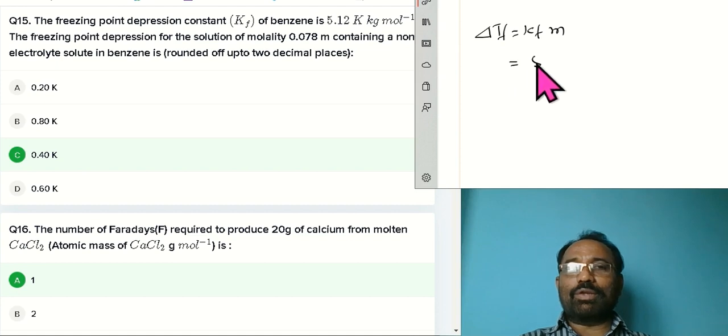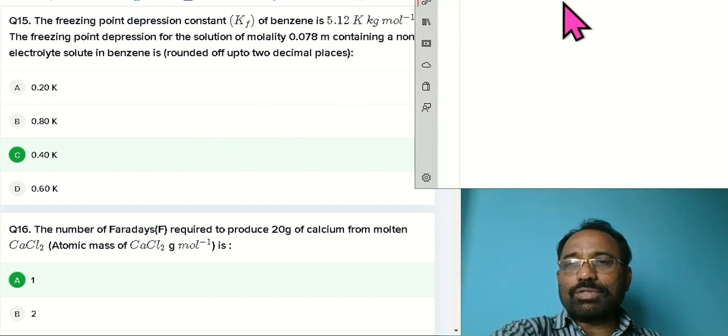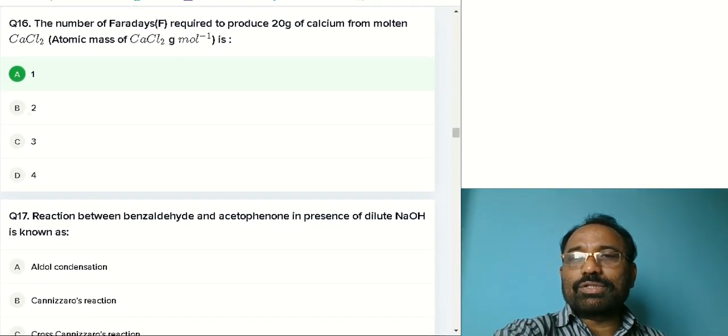Kf is 5.12 and molality is 0.078. After simplification you get 0.40 Kelvin. Therefore, the right answer is C.